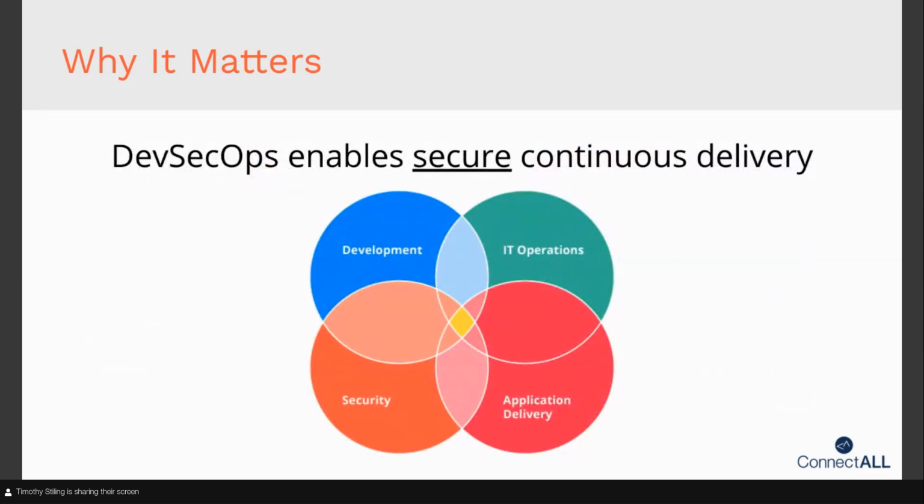So that's why it's so important to meet in the middle. Security and DevOps are not against each other. Rather, in a DevSecOps environment, they work together to not only enable continuous delivery, but to enable secure continuous delivery.